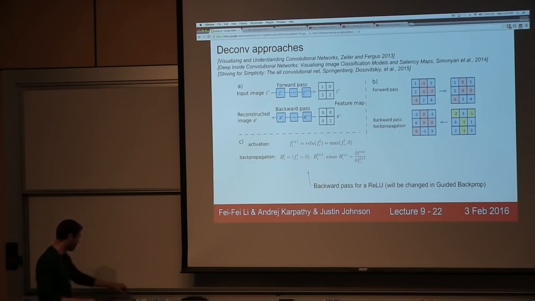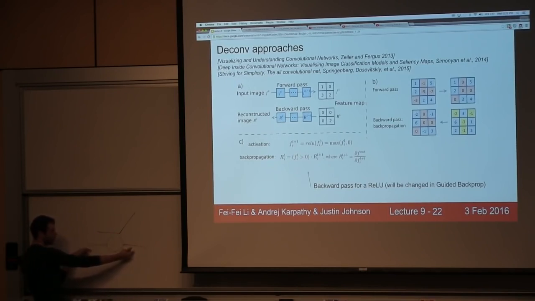Because if you're a ReLU neuron, and there's a grid of 3 by 3 of them here, if your input was less than 0, then you act as a switch during the backward pass. So if gradient comes from here, if your input was less than 0, then you block the gradient. And if it was greater than 0, then you let the gradient pass through. So basically, that's what's going on in the backward pass here.